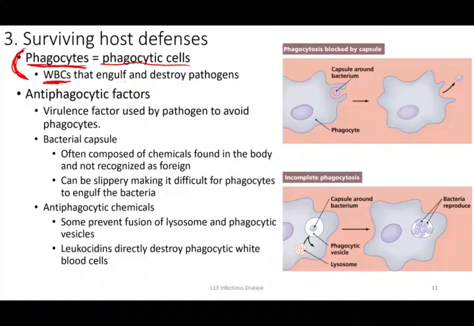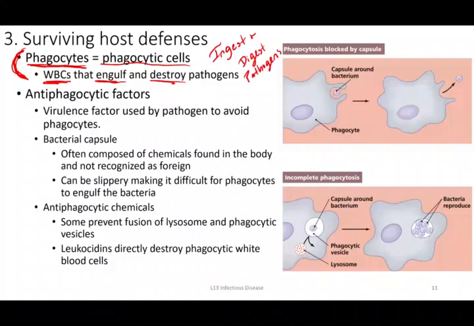And they go around and they eat and destroy. And so I usually use these two words: ingest and digest pathogens. So that's what these phagocytic white blood cells are trying to do.